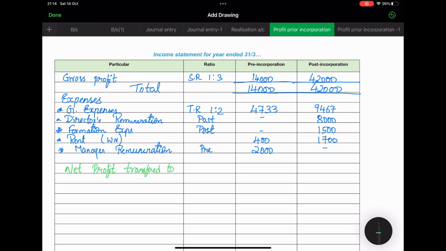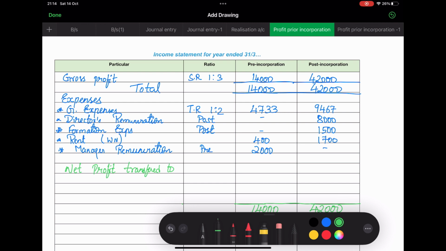So one by one, let's see how much total we are going to get. So same total as above, we are going to write it here, 14,000 and 42,000 as the total. I'll use different colors now.